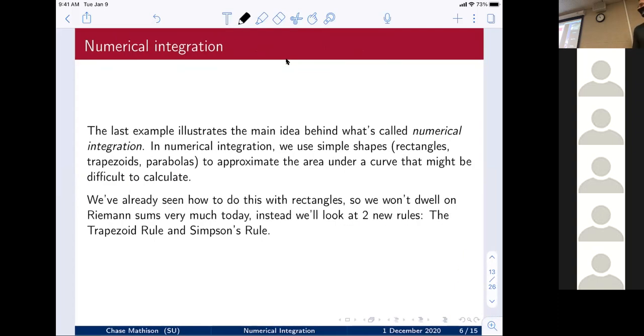We're not going to focus too much more on rectangles because we've done that before. It will be on the quiz, but we're going to focus more on the trapezoid rule and Simpson's rule today.